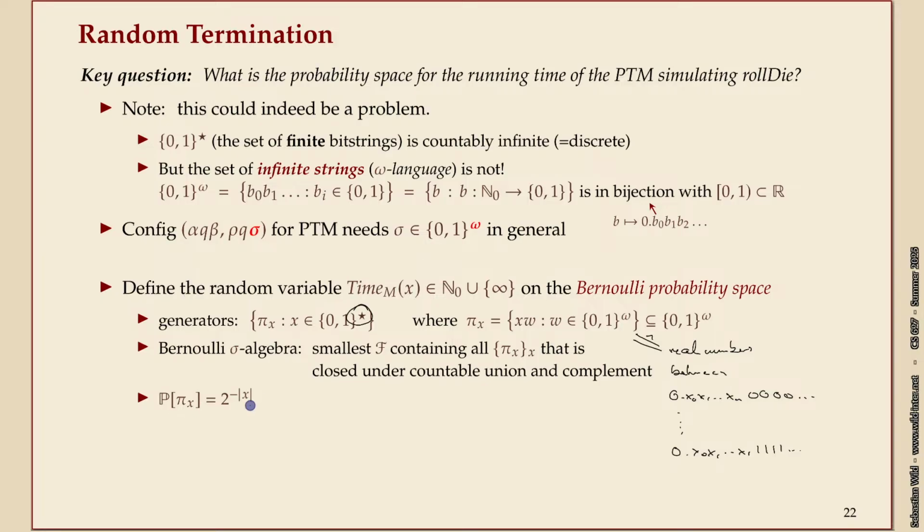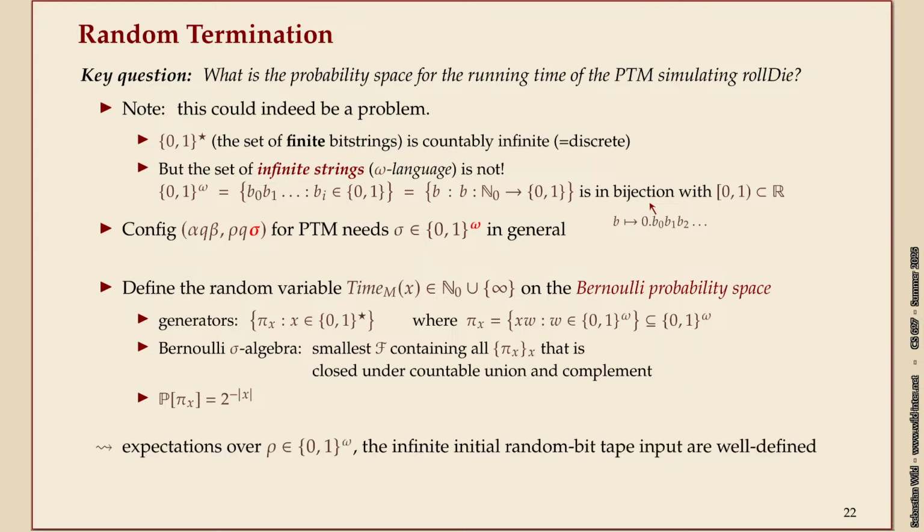And so it only fixes the prefix. So this defines the probability for the generators. And the probability for any other set you can derive from that and using the abstract properties. And you'll do that in the tutorials to practice it.